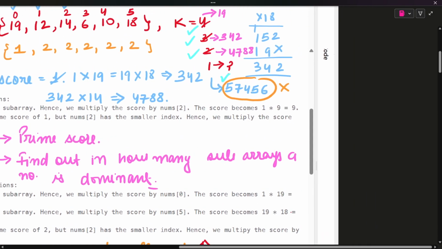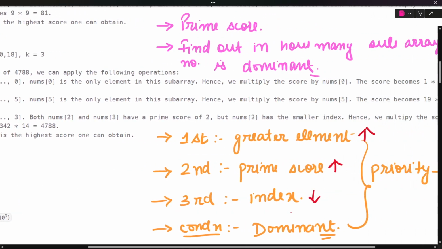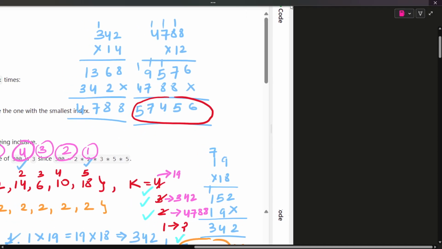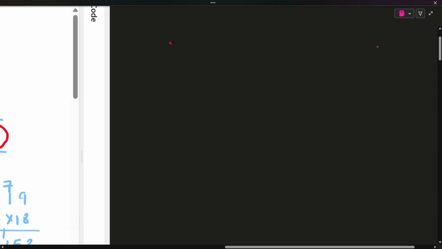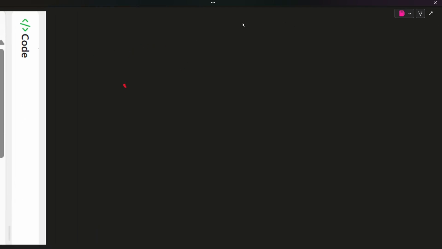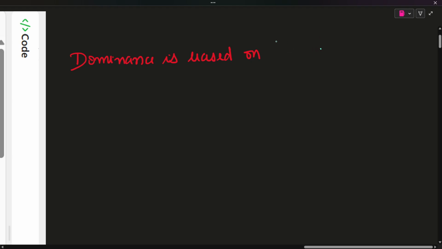So how can you find the dominance? Dominance is based on the prime score.